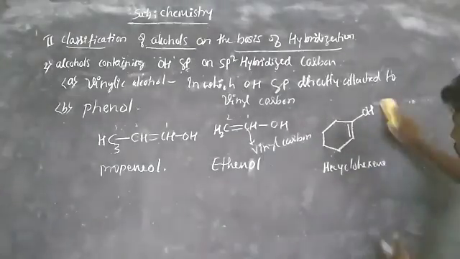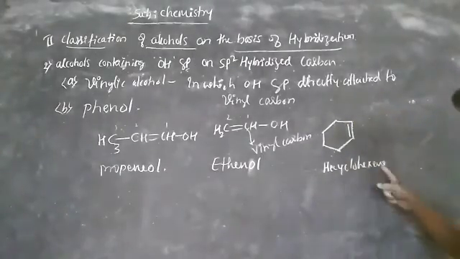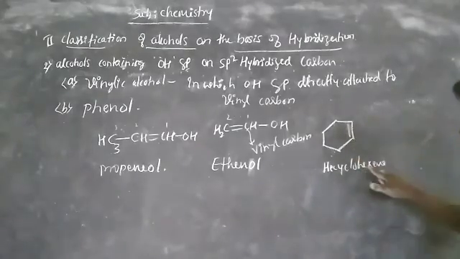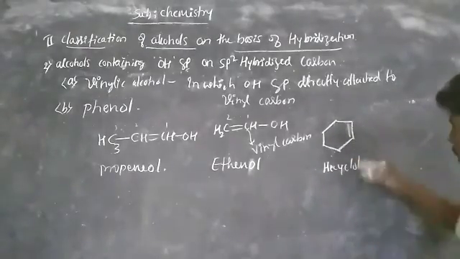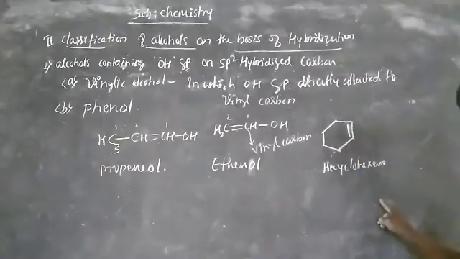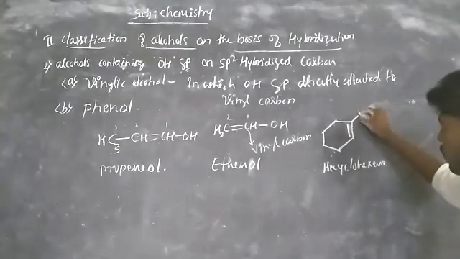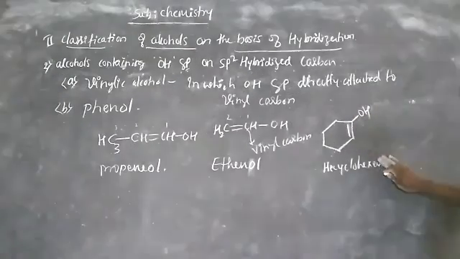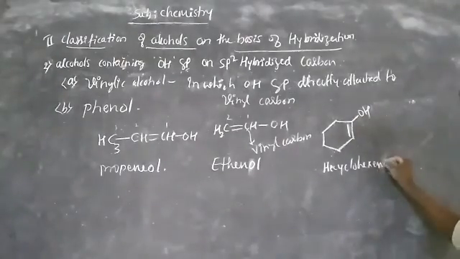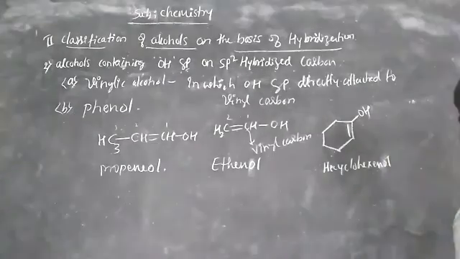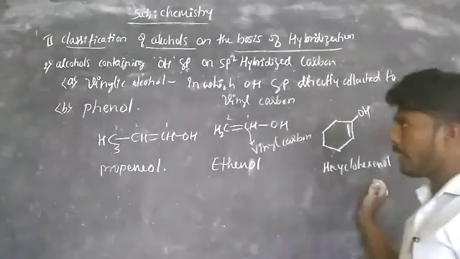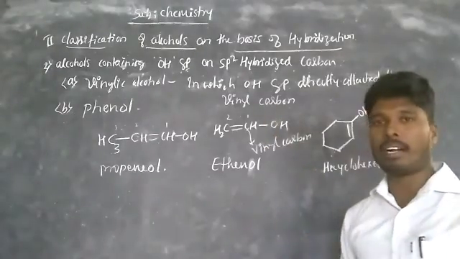Without OH we call it cyclohexene. Without double bond we call cyclohexane, right? Now when we are writing a double bond we call it cyclohexene. Now here putting OH, cyclohexenol. Now e is replaced by ol. Its name is cyclohexenol.